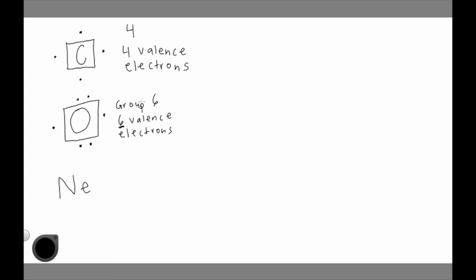And neon exists in group 8 of the periodic table. So since we know that neon is in group 8, we know that neon will have 8 valence electrons.